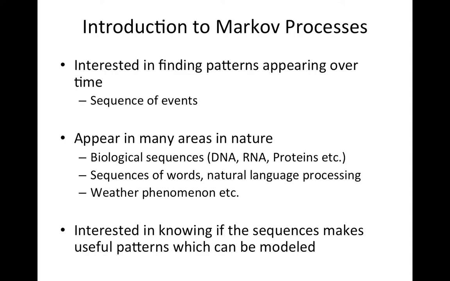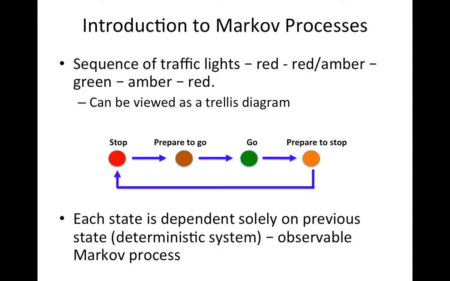We have an event. It could be a rainy day today. Tomorrow it could be cloudy. So we have some sequence of discrete events, and there are continuous Markov processes which we will not go over, but we are primarily interested in discrete events, at least for the scope of this lecture. Okay, so we are interested in knowing if the sequence makes some useful patterns which can be modeled. That's the fundamental idea behind the Markov process.